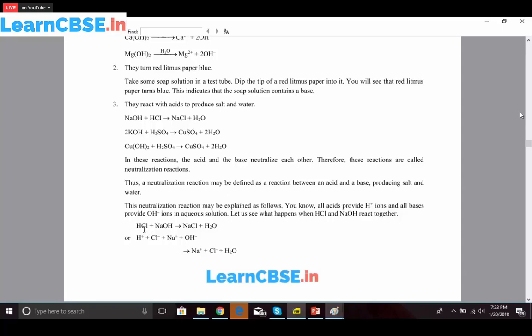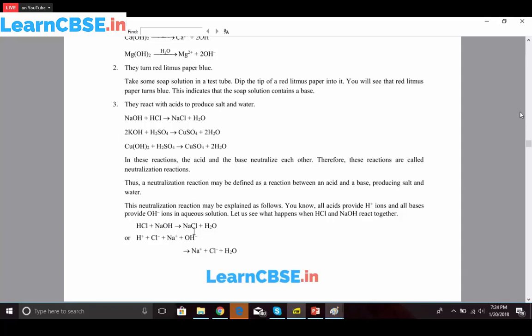Here, HCl plus NaOH gives NaCl plus water. When we dissolve HCl in water, it splits up into H+ and Cl minus ions. NaOH dissolved in water splits up into Na+ plus OH minus ions.